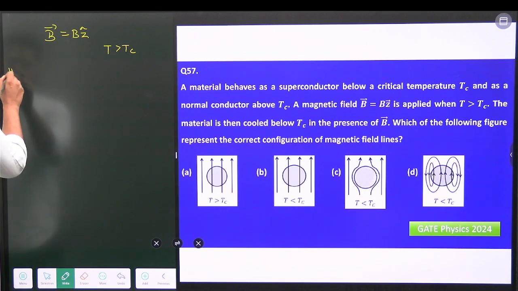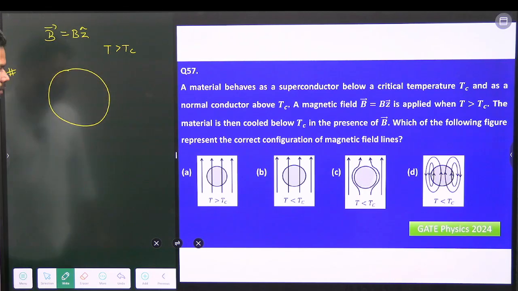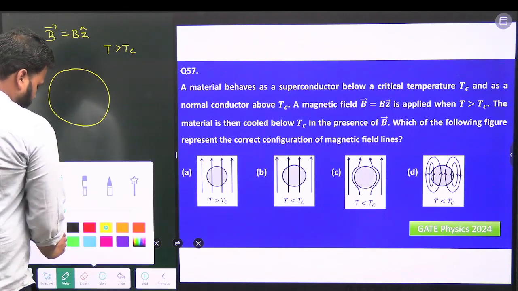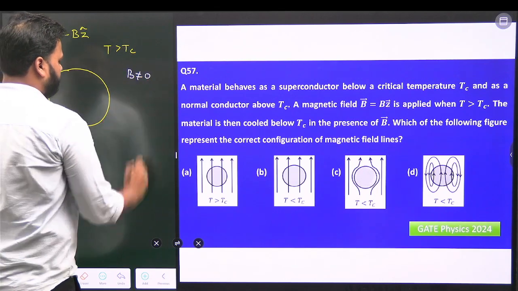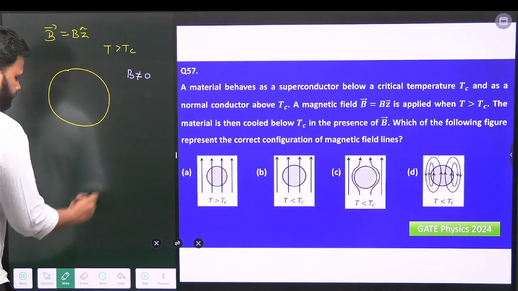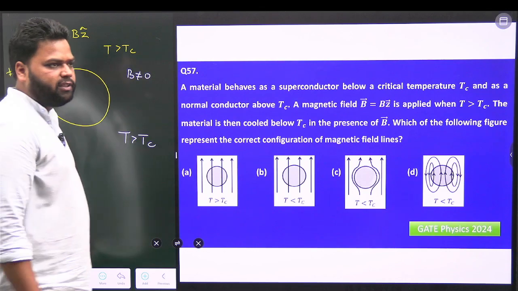What is the Meissner effect? I am going to tell you. Let's suppose this is a material, initially a metal. Here I am applying a magnetic field, so the magnetic field is not zero. And here the temperature is greater than the critical temperature.